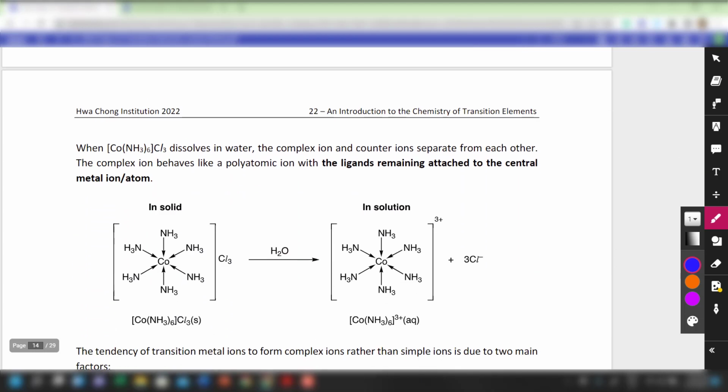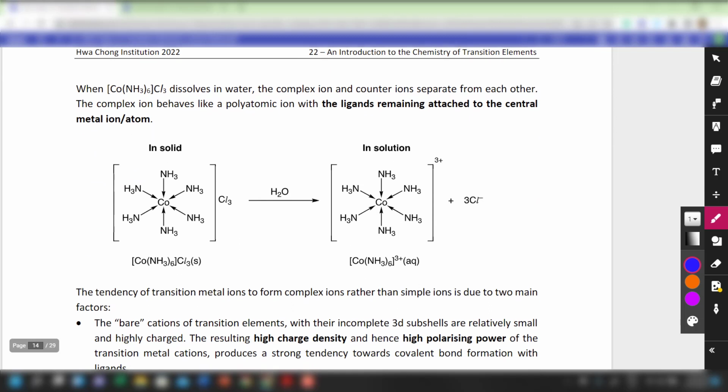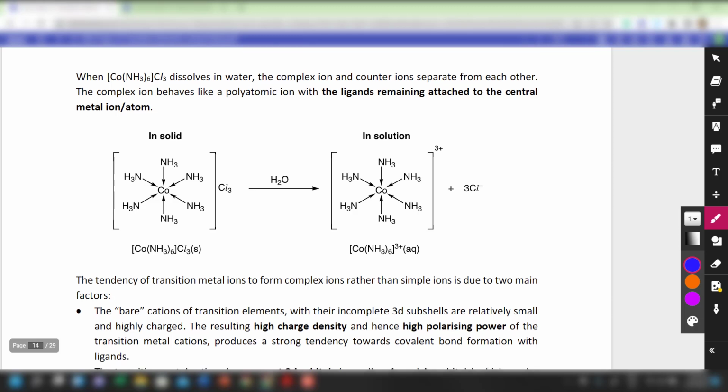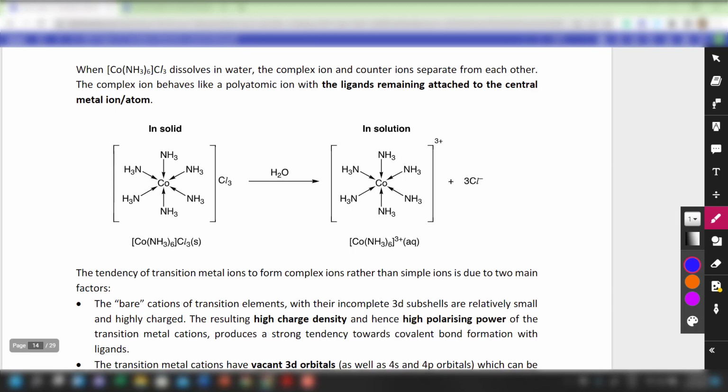When we dissolve the hexaammine cobalt 3 complex with the 3 chlorides in water, you're going to end up with something like this in the solid phase. This is just a representation and the exact details we are not sure. Of course, the ligands remain attached to the central atom.